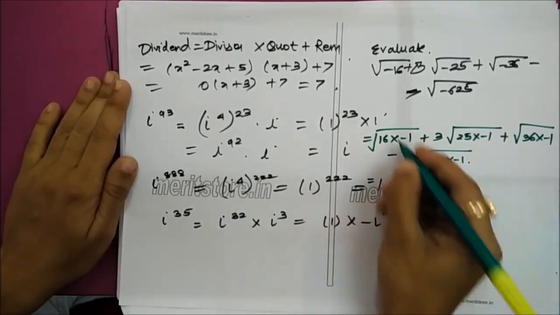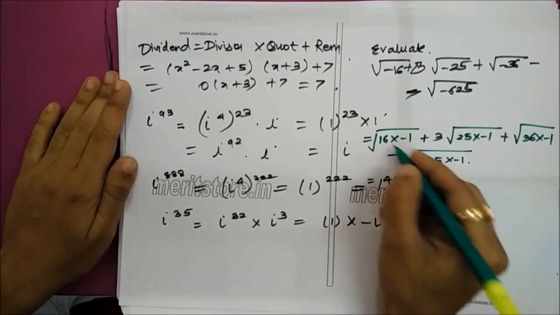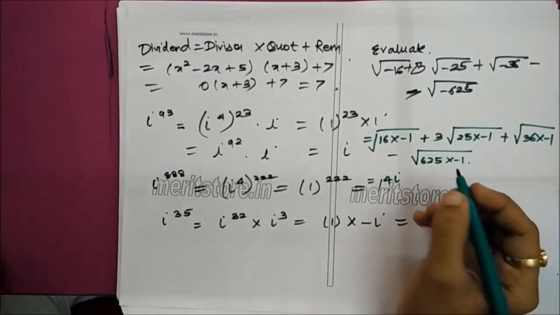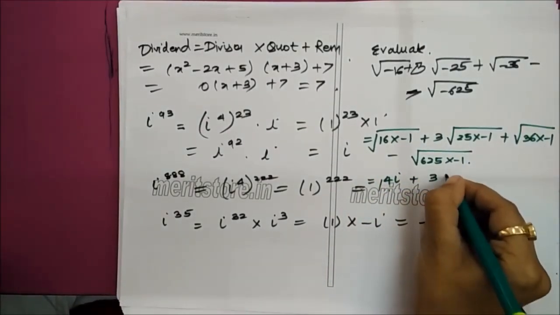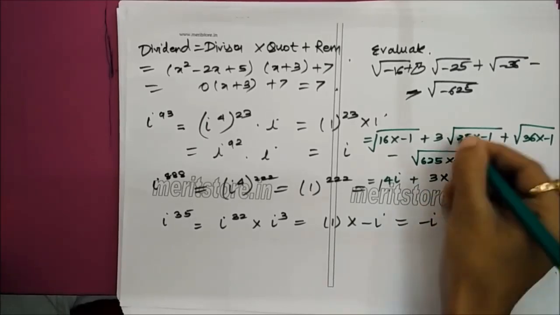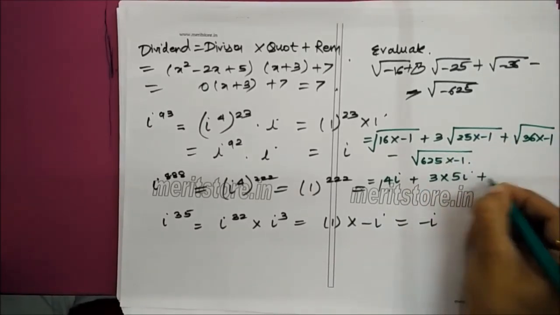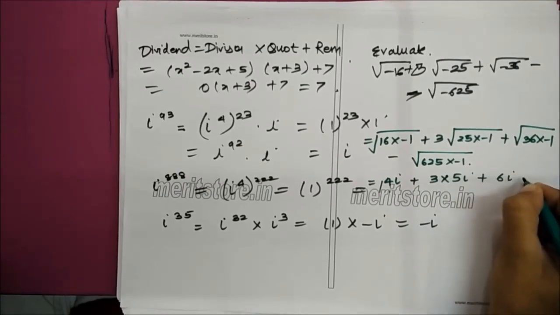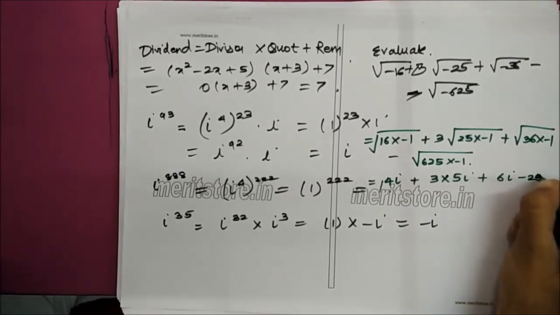What you get is root 16 is 4, so 4 times root of minus 1, which is i, plus 3 into 5i, root 25, plus 6i minus 25i.